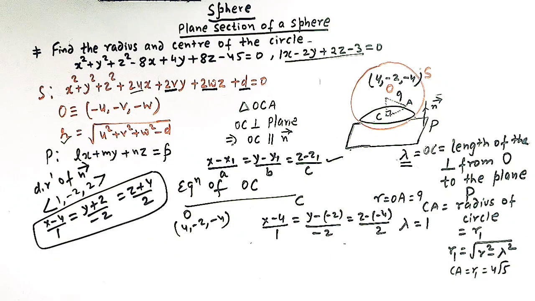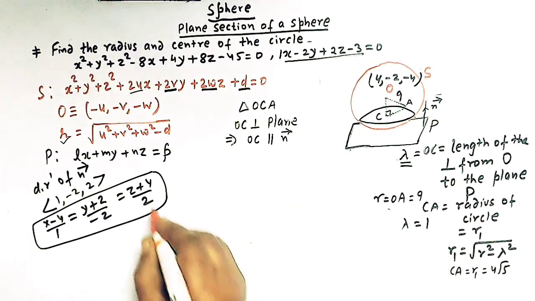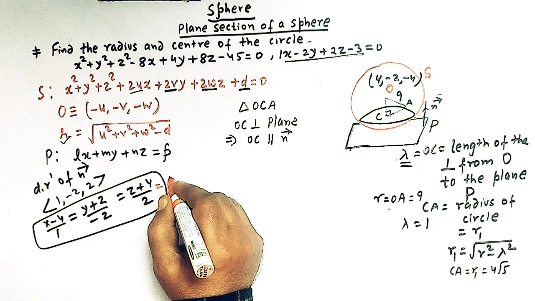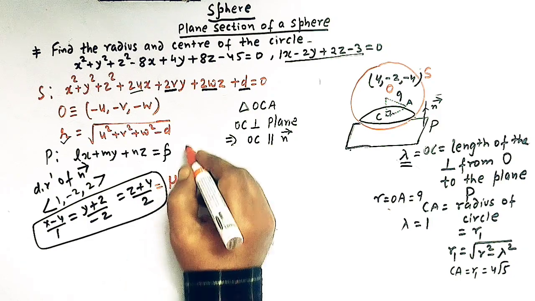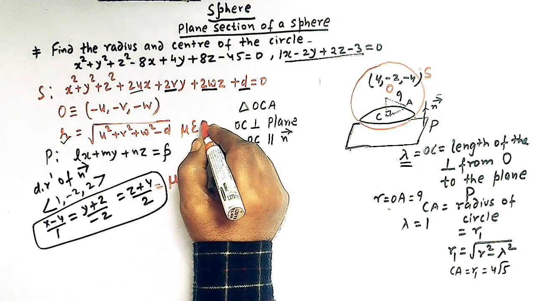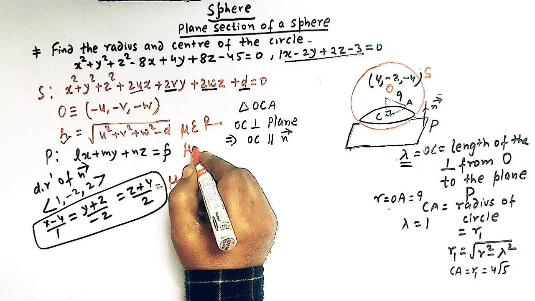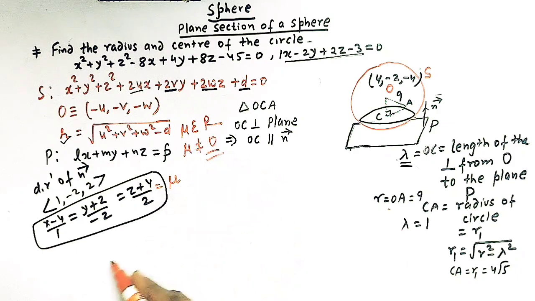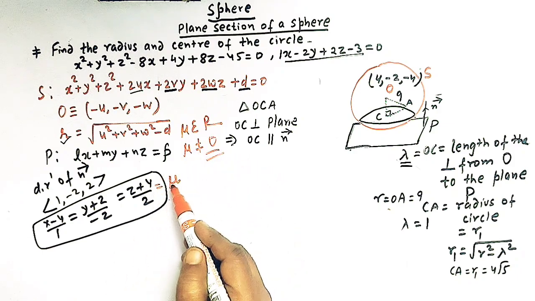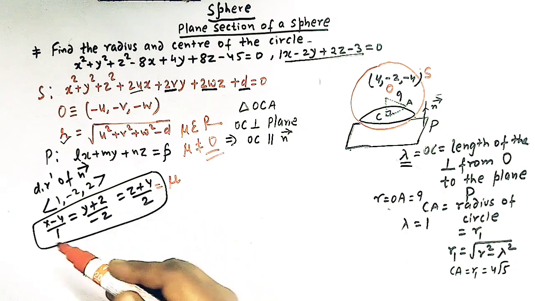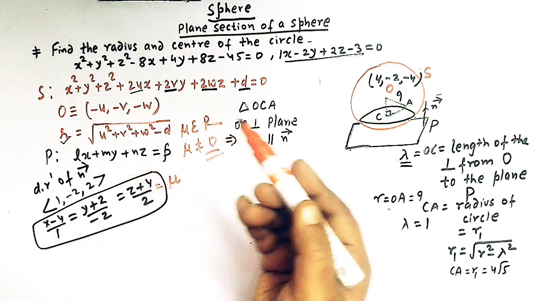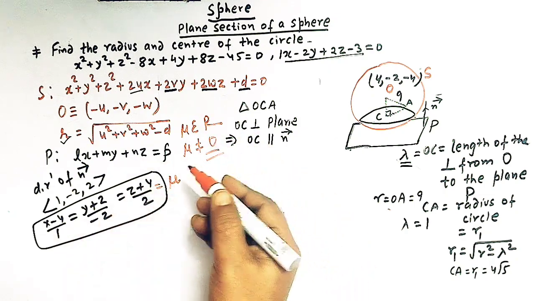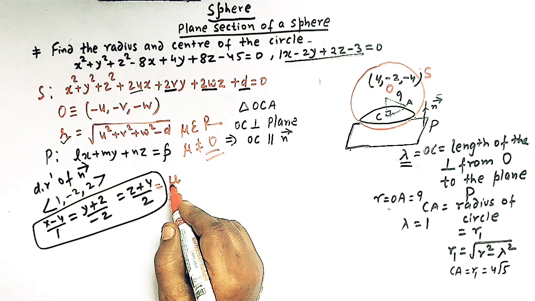So now let us make use of the concept of a general point lying on a line. Let us introduce a scalar, say mu, where mu is some real number and mu is not equal to 0. The purpose of introducing this scalar mu is to get the coordinates of the general point, right?